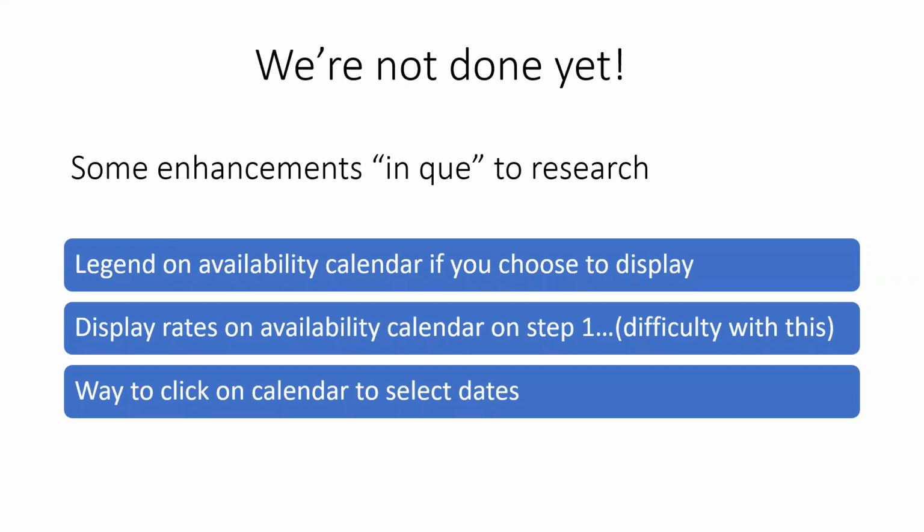I'll go into this a little bit. This is difficult. This is actually one of the reasons that it's hard. When you display a rate, you can display one rate. That doesn't necessarily give the full picture of a property with the rooms they provide and the rates they provide. Now, if you just offer one rate for one unit, it might change throughout the year, but it's just one rate, and displaying a rate is great.